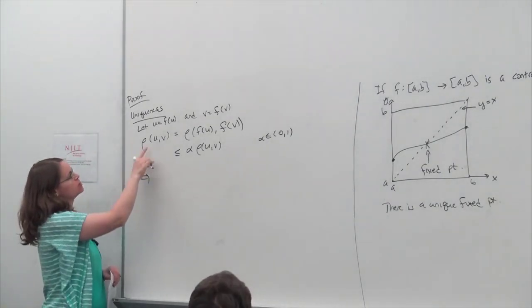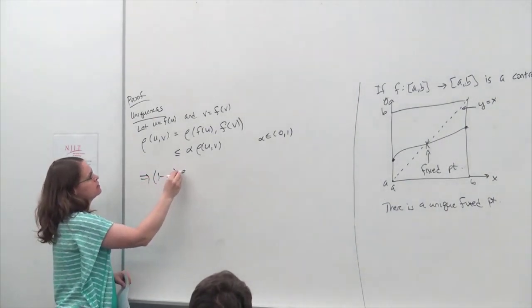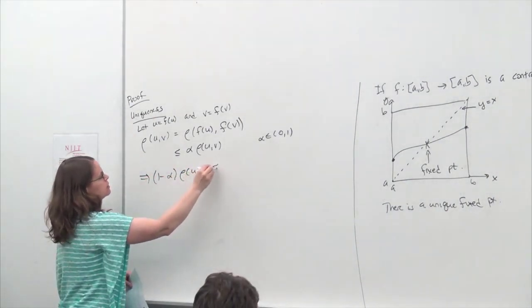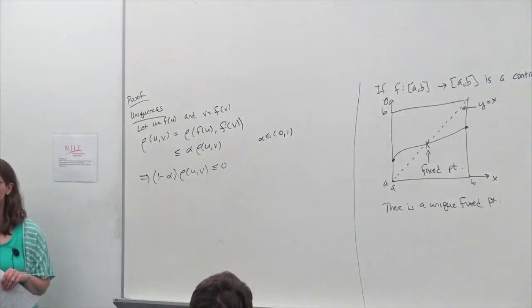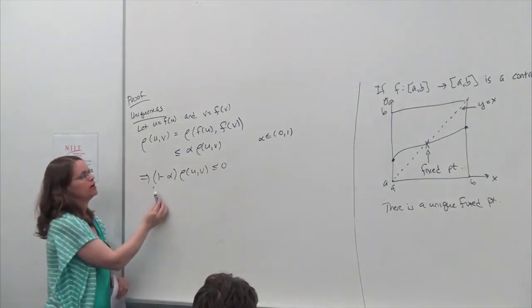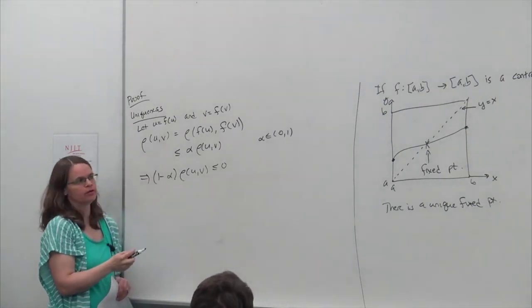Okay, well, I've actually got the same thing almost on the left and right, so I'll rearrange a little bit. Well, I know that this quantity, alpha is between 0 and 1, but it's not equal to 1. That was important for uniqueness.